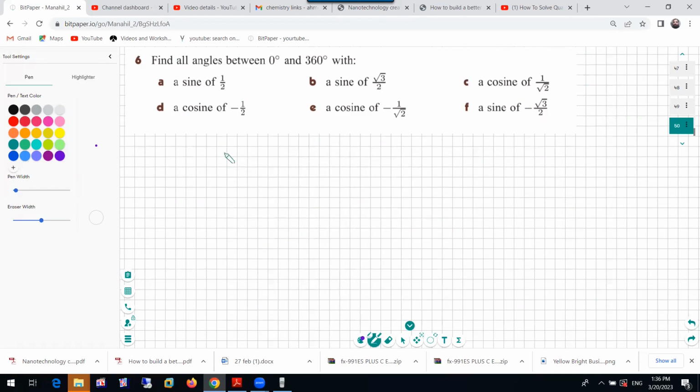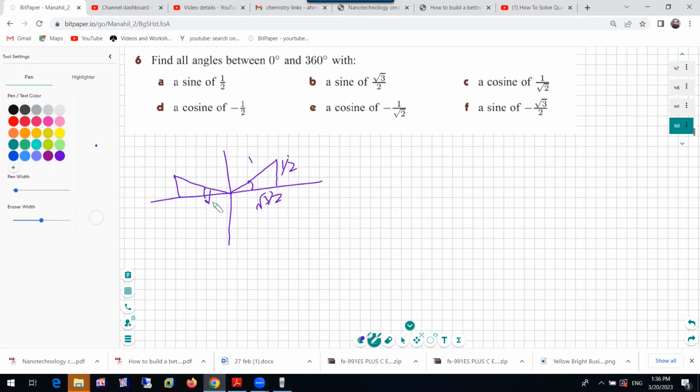Half should be, because the opposite side should be smaller, so in this case it should be 30 degrees, right? And if it is 30, sine is a positive value, so we can draw another line in the second quadrant as well.